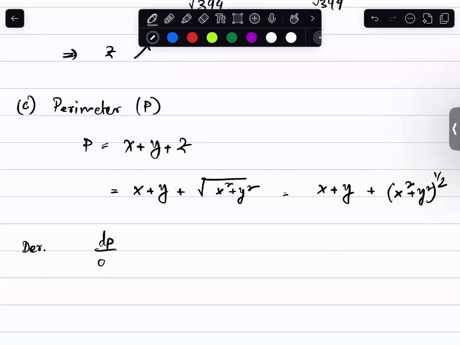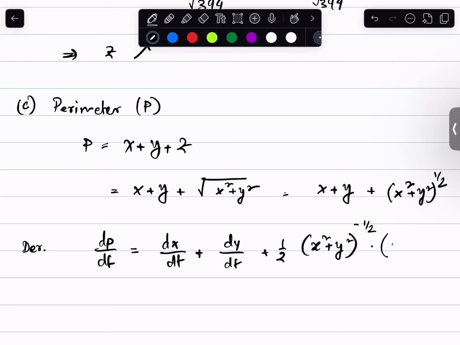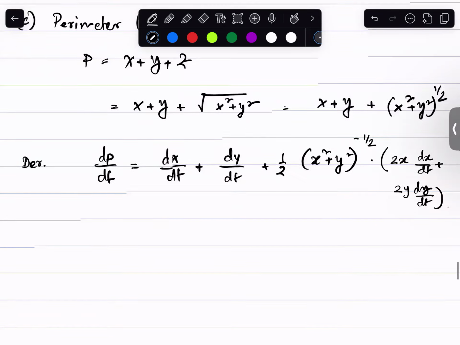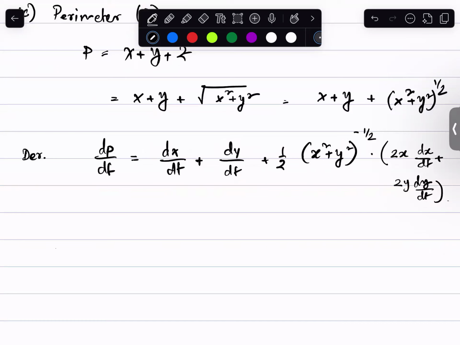So I get dP/dt to be dx/dt plus dy/dt plus half times (x squared plus y squared) to the negative half, and then using the chain rule I get 2x dx/dt plus 2y dy/dt. Maybe I should just do the derivative of (x squared plus y squared) to the half and show you how I get that.